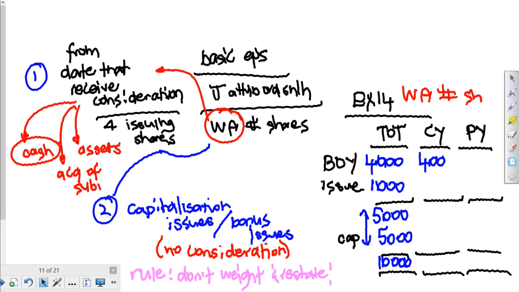I start both of them on 4, and the first one I will wait for 6 months.